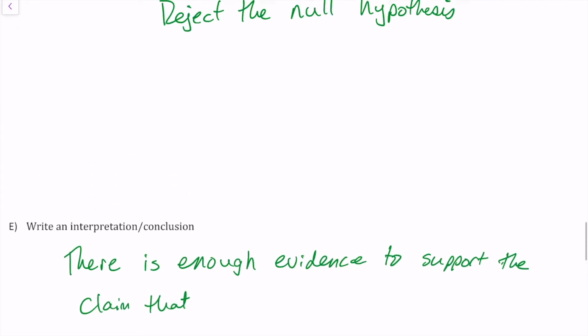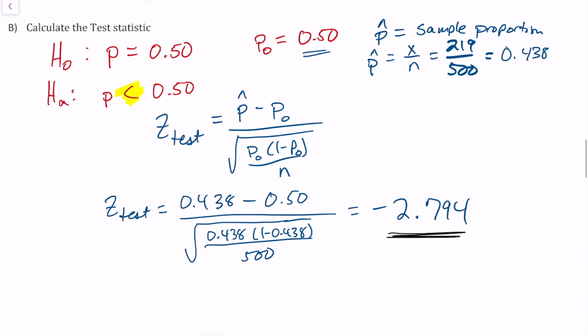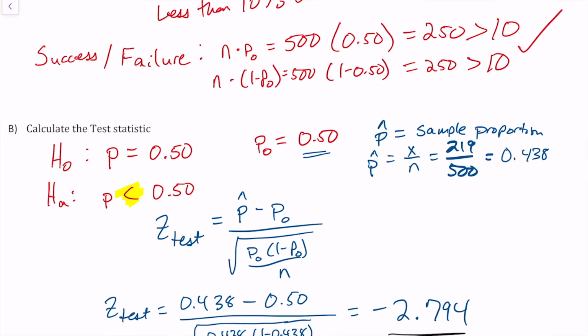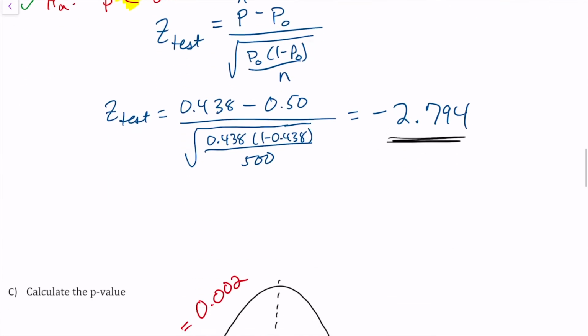Remember our null hypothesis was p is equal to 0.50, and the alternative was that p is less than 0.50? What we're saying is that we're rejecting H null, and we're saying that HA is the correct hypothesis. So we have enough evidence to support the claim that the proportion is less than 50%.